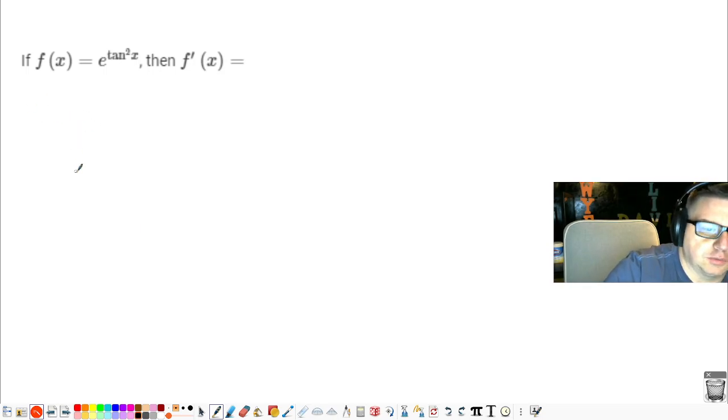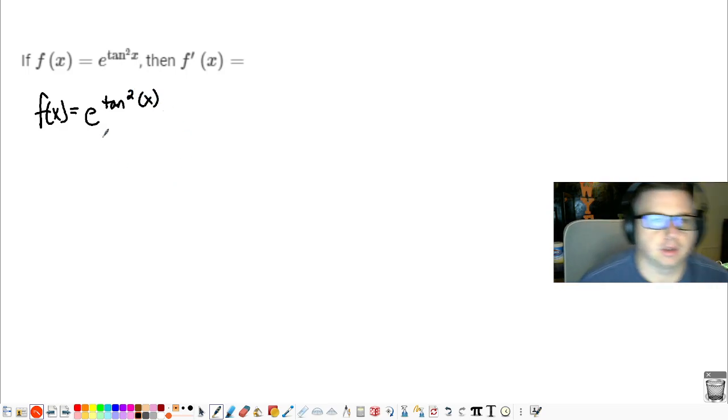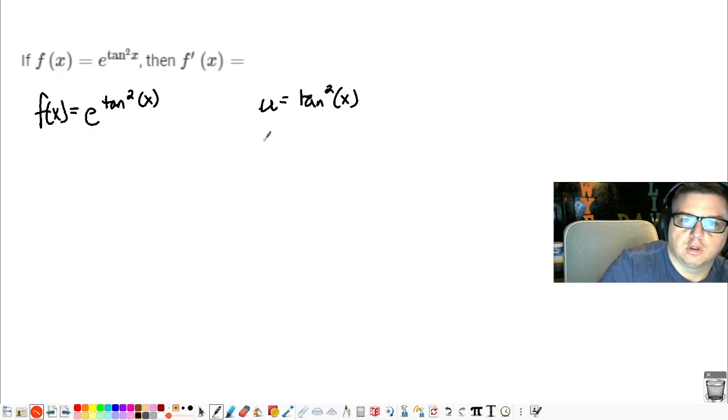So when I look at this function, we are looking at f of x equals e to the tangent squared x. I know it's a little fuzzy, but let me clean it up. So what I'm going to utilize is u substitution. I'm going to put tangent squared x as my u, and then take the derivative of that and get 2 tangent x, because I have to do the power rule.